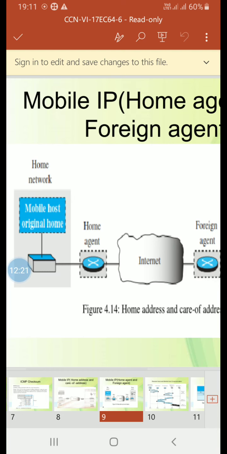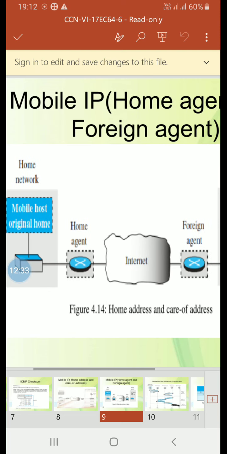The home agent acts on behalf of the mobile host when a remote host sends a packet to the mobile host. The home agent receives the packet and sends it to the foreign agent.